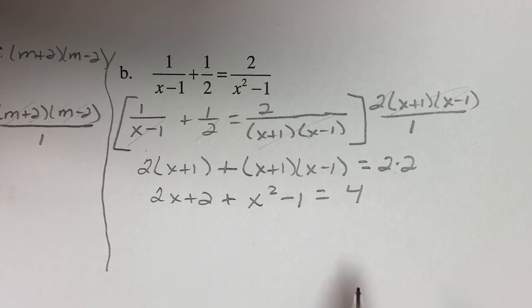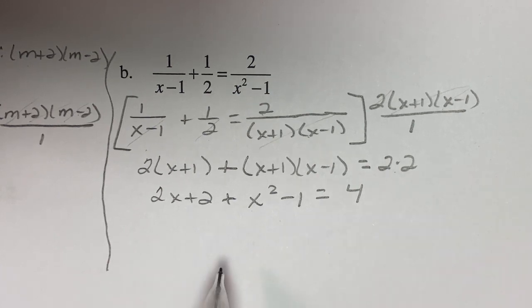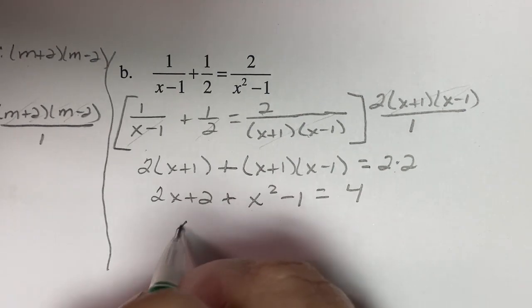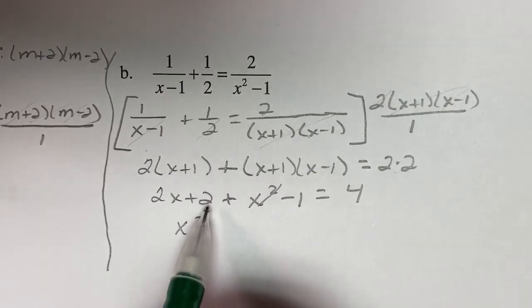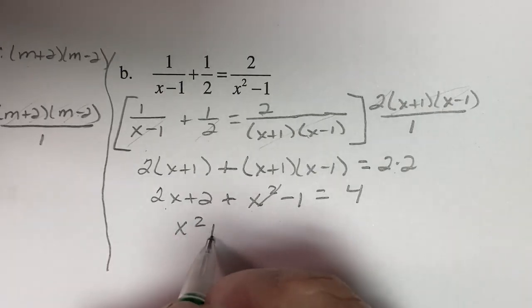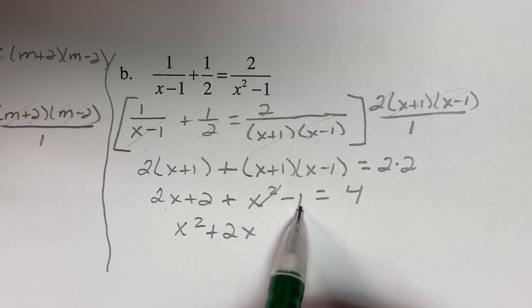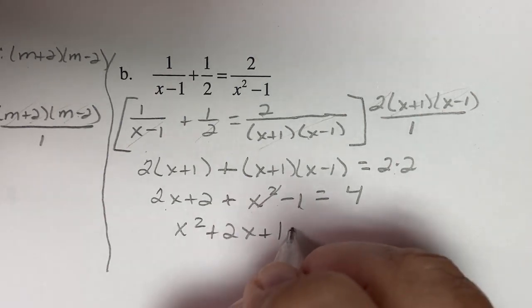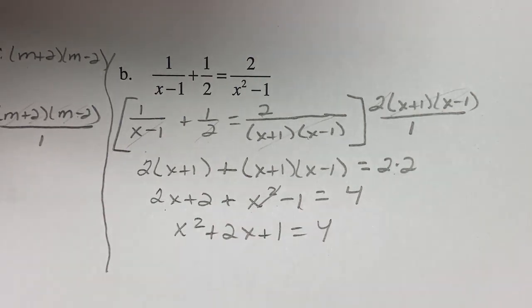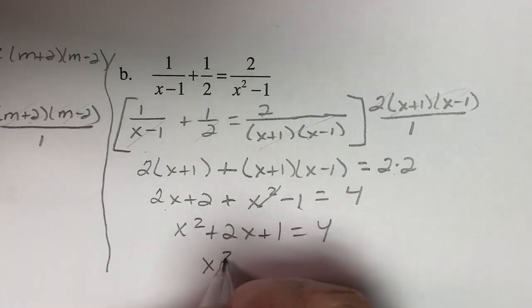Hopefully you remember that. You bring everything over to one side, set it equal to 0, and you factor it to solve. So let's see, I'm going to have x squared. If I combine, well, the 2x is just going to stay. If I combine 2 minus 1, that's going to give me a 1. Now I need to subtract 4.